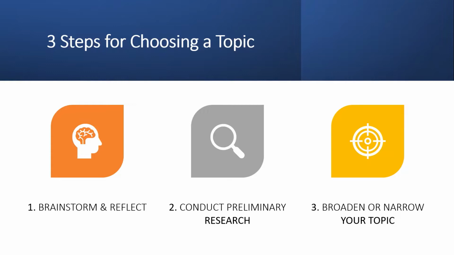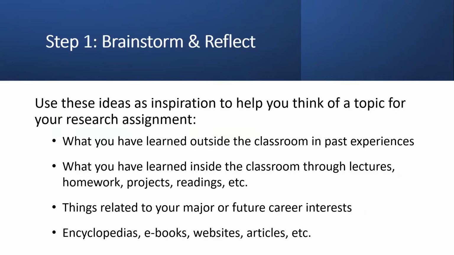And then we can conduct our preliminary research. So that's going into Google, that's going into our library websites and databases and seeing what's out there. And then from there, we can either decide to broaden or narrow our topic, depending on what we're finding through this preliminary research, or other things come up in class, we might need to reassess depending on the certain needs of the assignment.